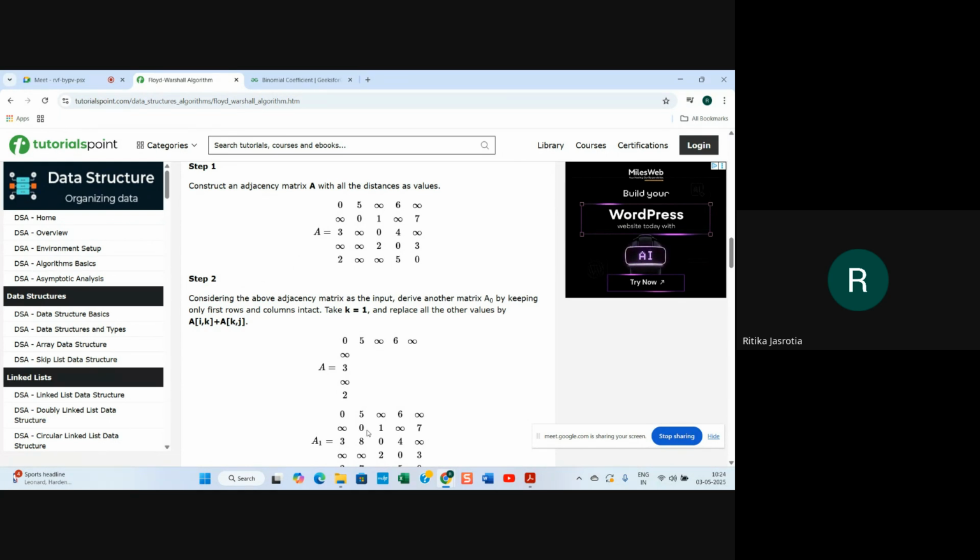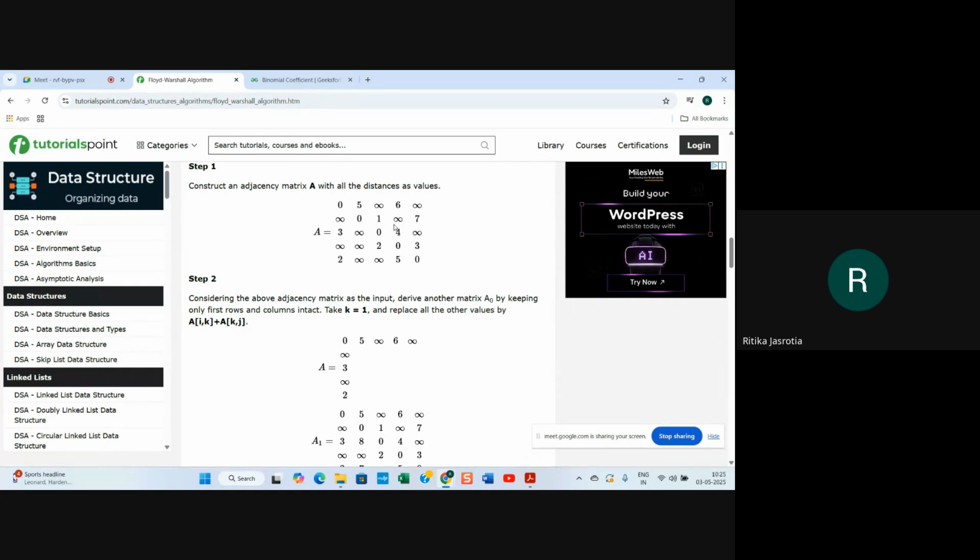So this doesn't change. Then next is this one, A12. So at 1, 2 position, I is 1, j is 2. Now we are keeping k as 1. So A11 plus A12, right? A11 is 0, A12 is 1. So 0 plus 1 is 1 again at this position.